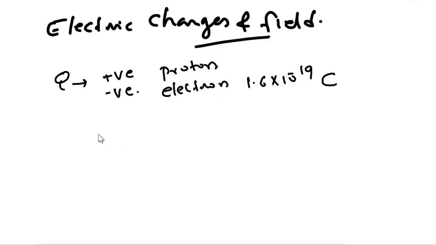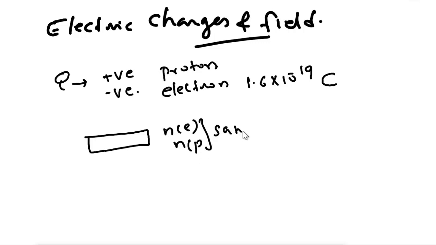If we have an object that is neutral in charge, it means the number of electrons and the number of protons are the same. That's why we call it neutral.